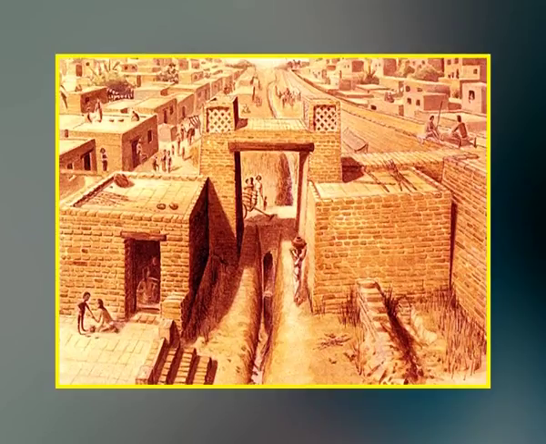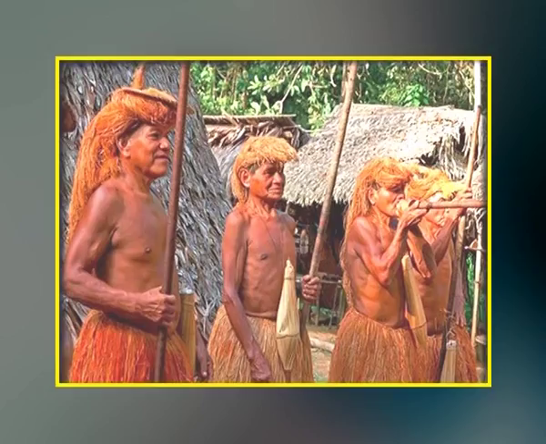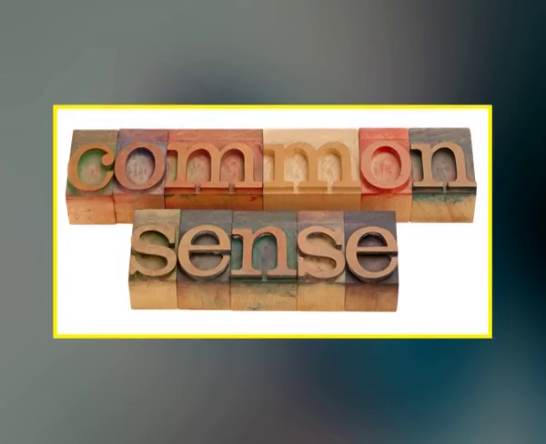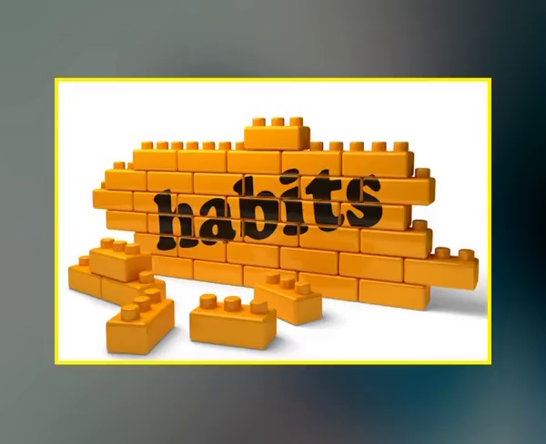Not only in civilized societies, but even in primitive societies, the adults try to educate adolescents in the way of adult life. Thus, the individual's character, personality, culture, thinking, common sense, skill, habits, and even the other less significant things of life depend upon education.